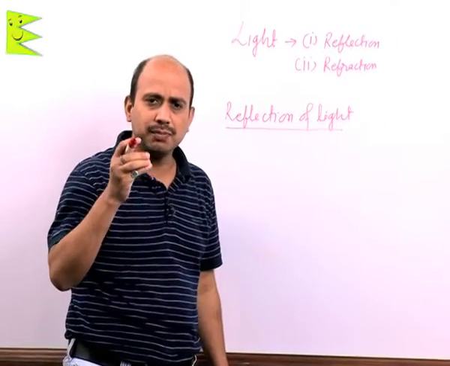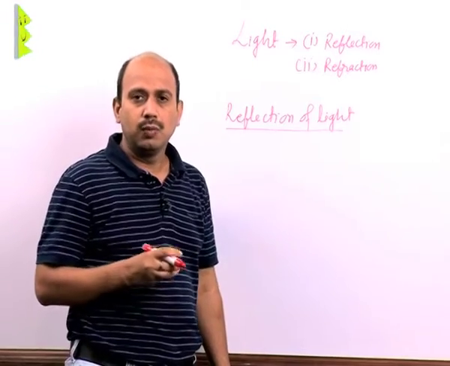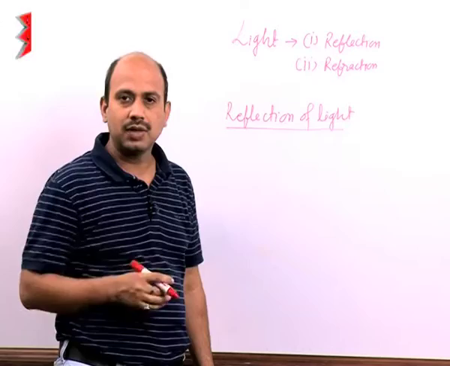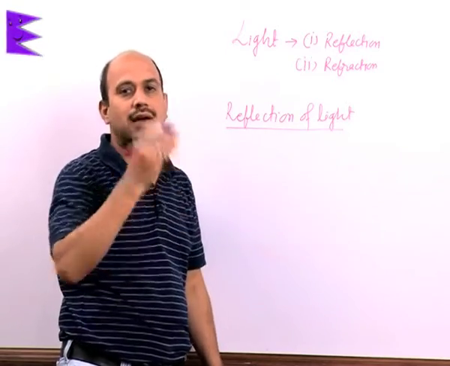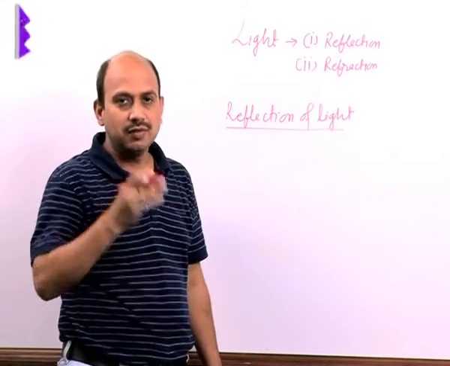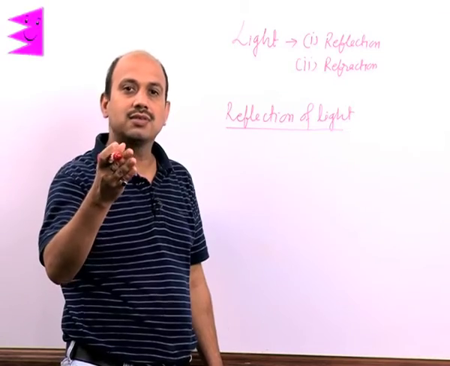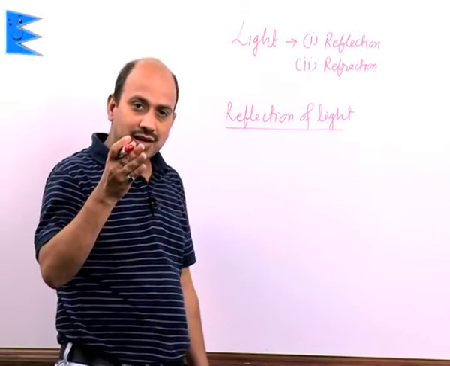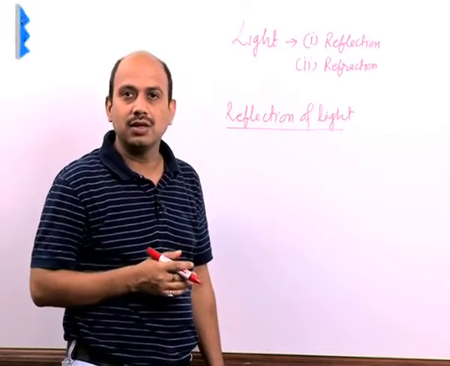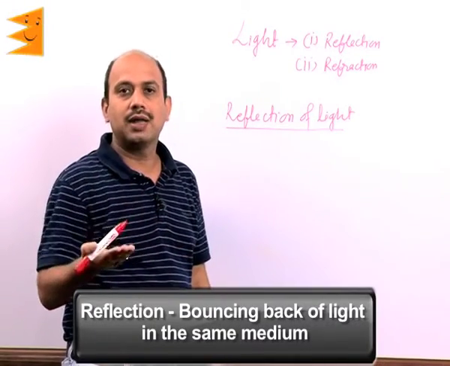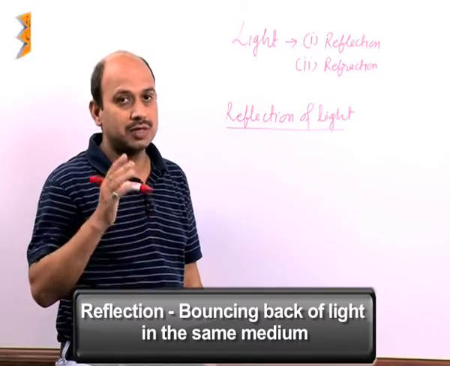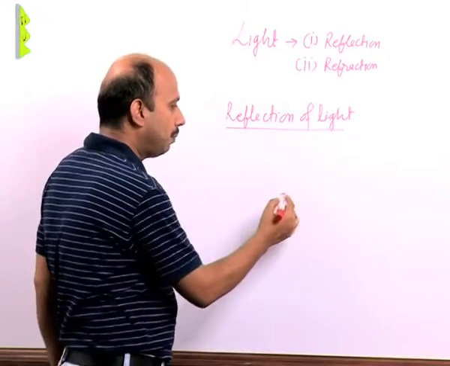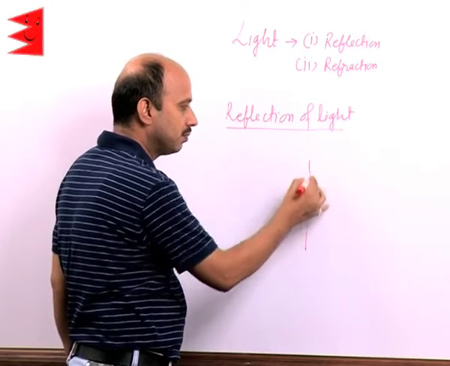Reflection simply means that when light rays strike any medium and bounce back in the same medium, then we say the light ray has reflected. Reflection means the bouncing back of light in the same medium, but the object must be an opaque object or opaque medium.